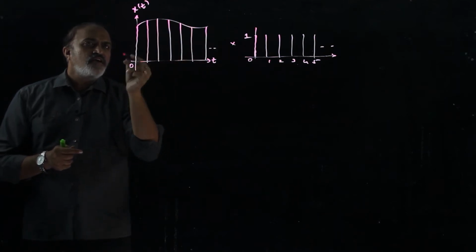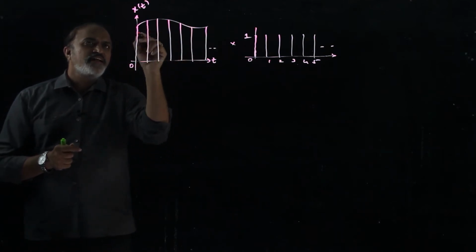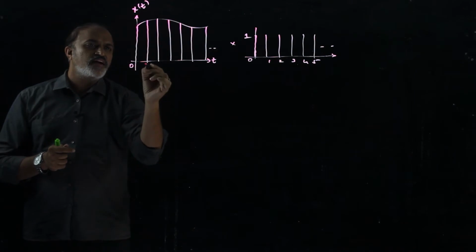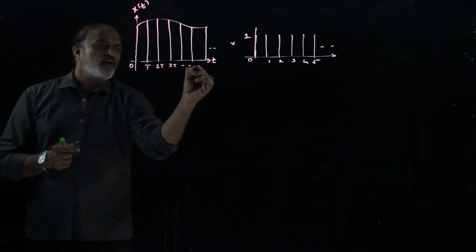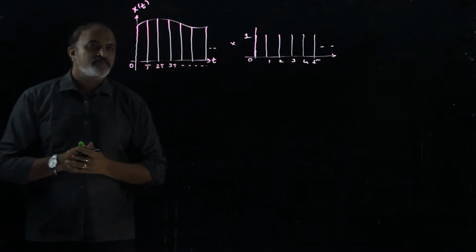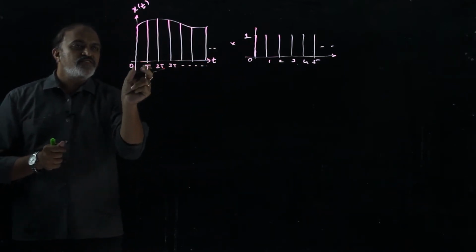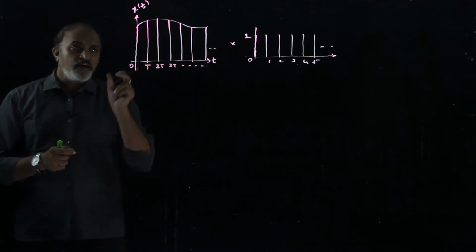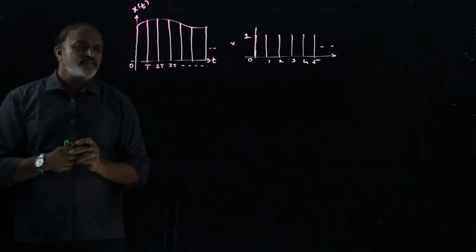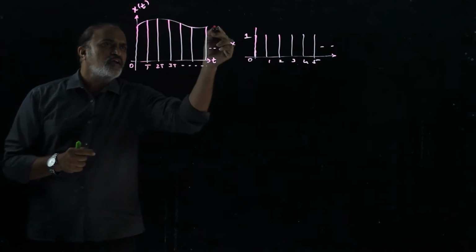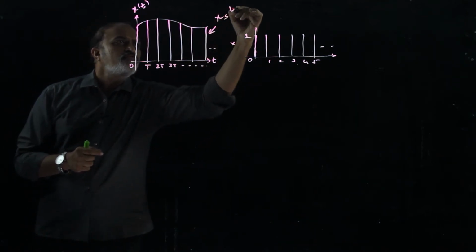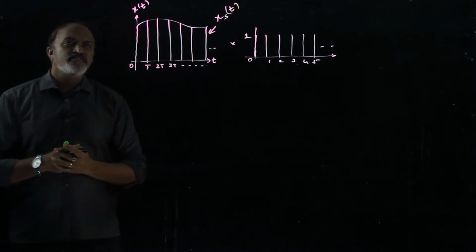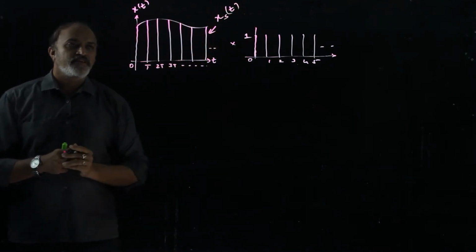Let's say one sample is selected at t equals 0, another sample is at T, the third sample is at 2T, then 3T, and so on up to infinite samples. That means the distance between these samples is the same, and it is capital T. Now this can be considered as xs of t, the sampled version of x of t.